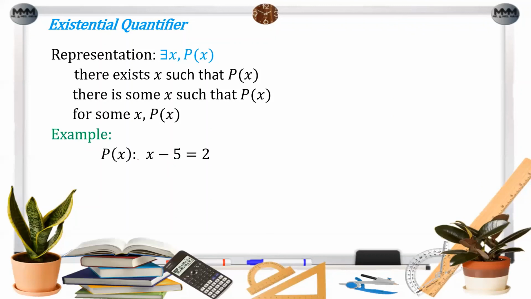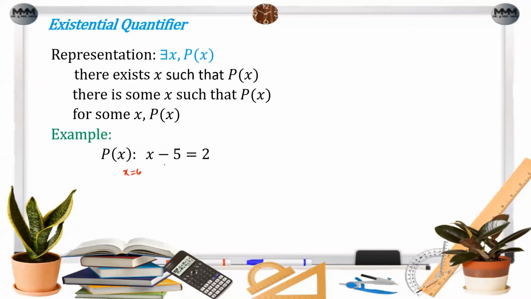For example, let's have here the predicate containing variable x. So we have here x minus 5 equals 2. Now take note here that x is a representation of any number. So we could have x equals, say, 6.